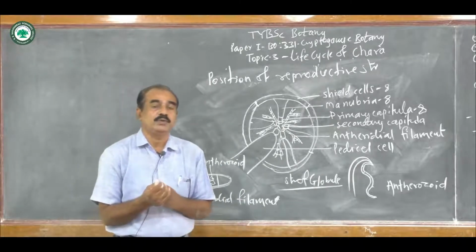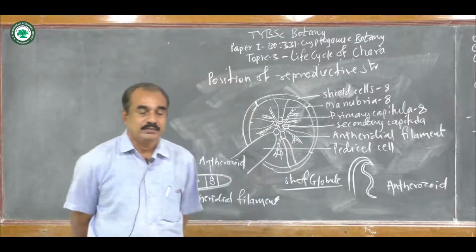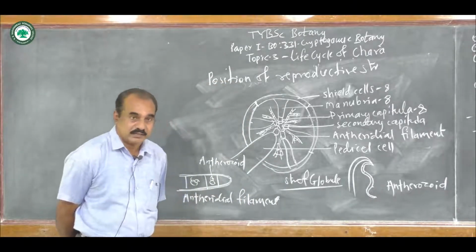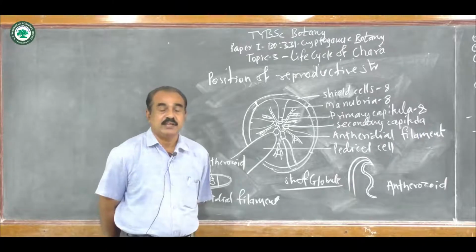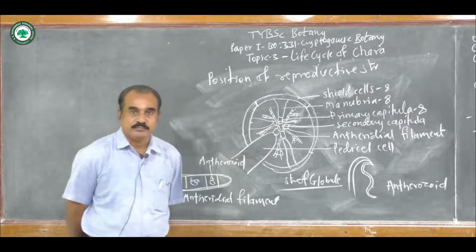It is developed on the nodal region of the primary lateral and in between the axil of the secondary lateral. They are developed on a rod-like cell. That cell is called the pedicel cell, and it reaches up to the center of the antheridium or the globule.